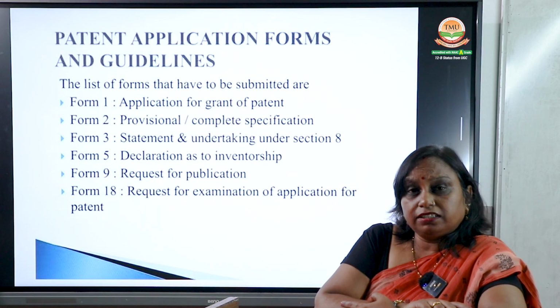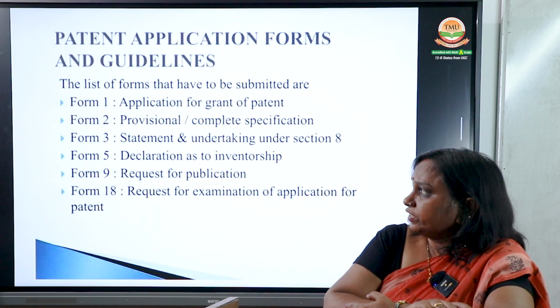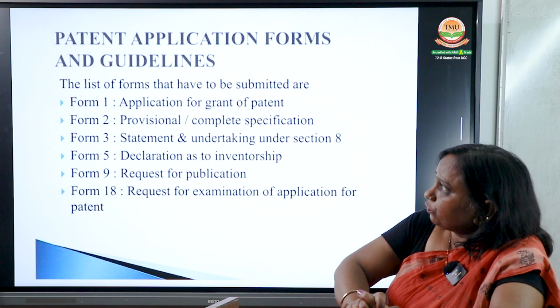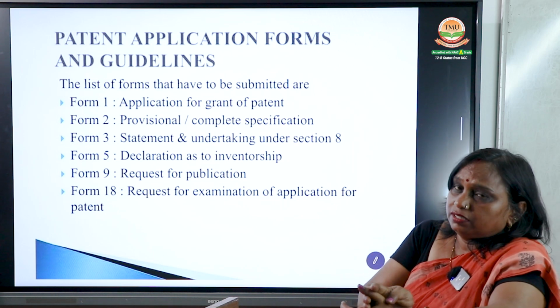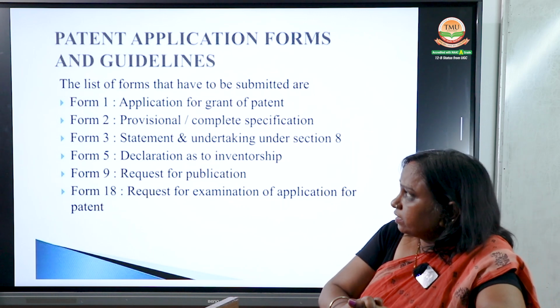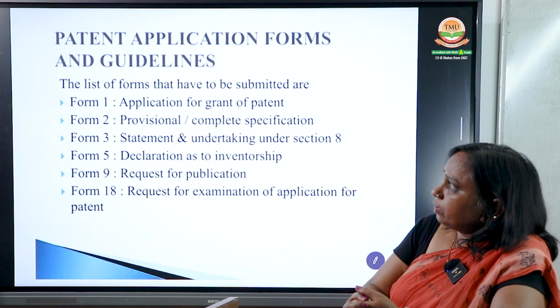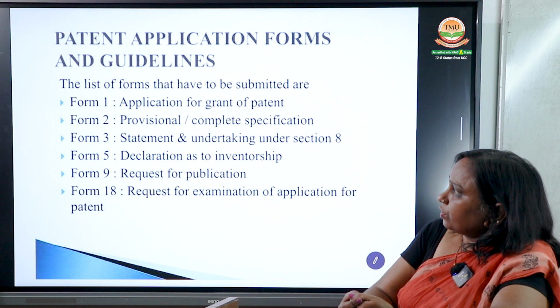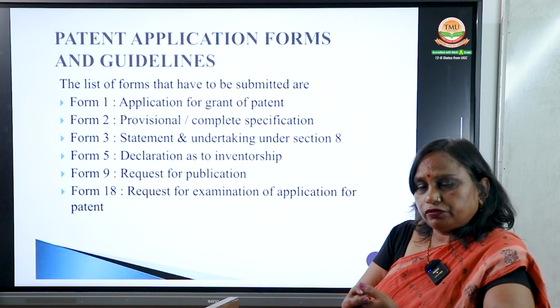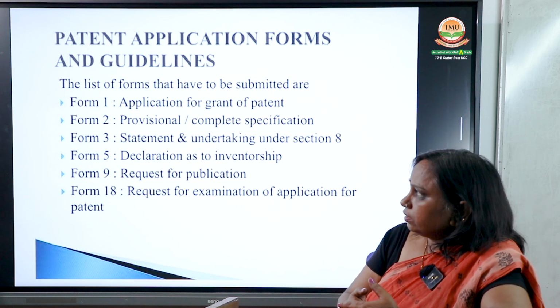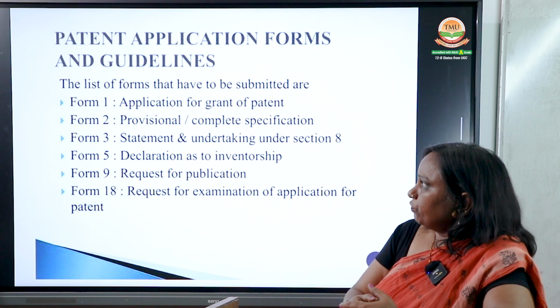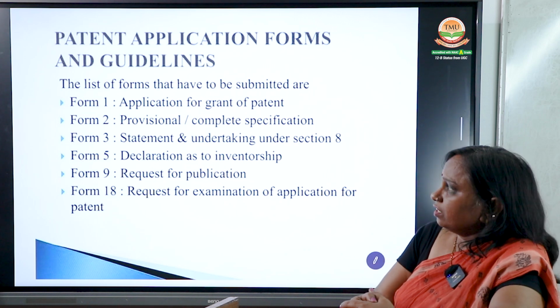So friends, these are the forms which are described here. These forms have to be submitted for the grant of the patent in the entire process. Form number one is the application for grant of patent. Form number two is for provisional and complete specification.